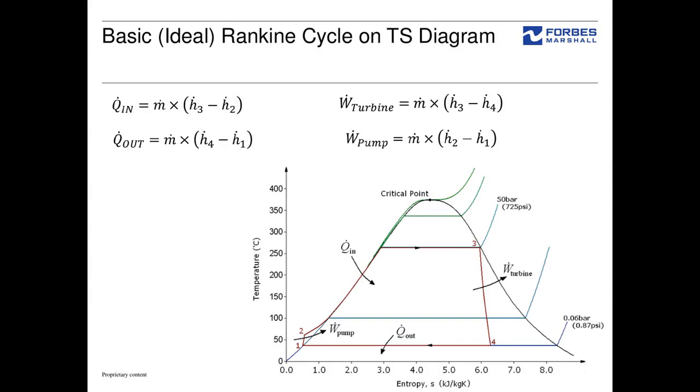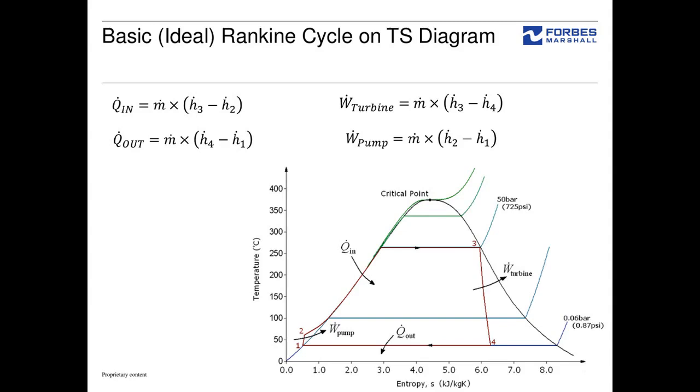Now how can we calculate all these outputs and inputs? If you imagine that there is a mass flow rate m dot flowing for steam and water in this cycle, then you can multiply this mass flow rate with enthalpy values at different points, and you can calculate heat input very easily.